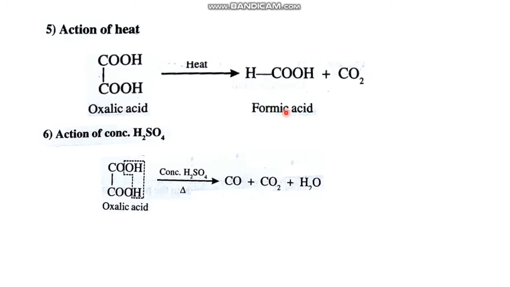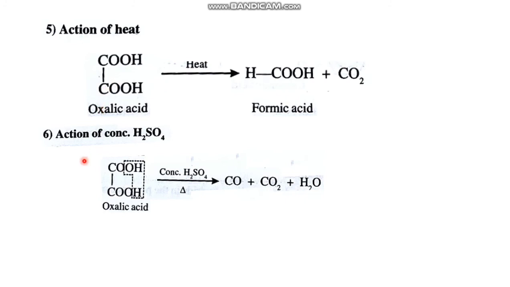We get formic acid. This oxalic acid undergoes decarboxylation when heated around 175 to 190 degrees Celsius to yield formic acid.